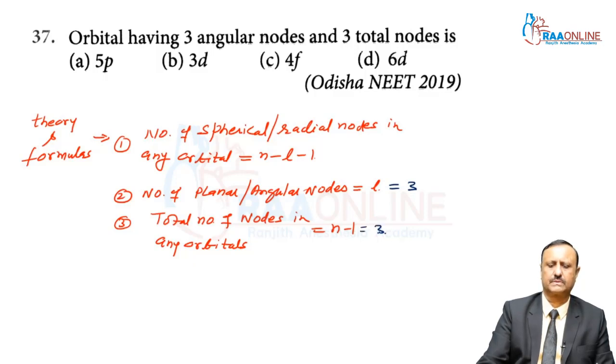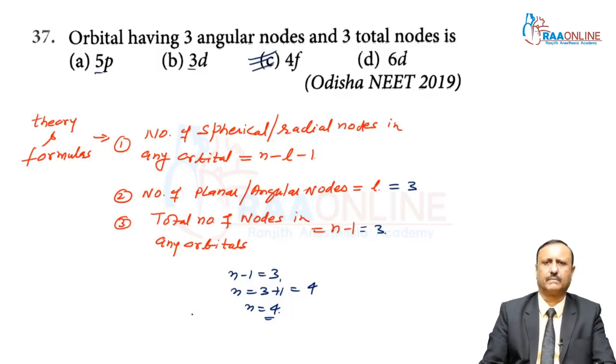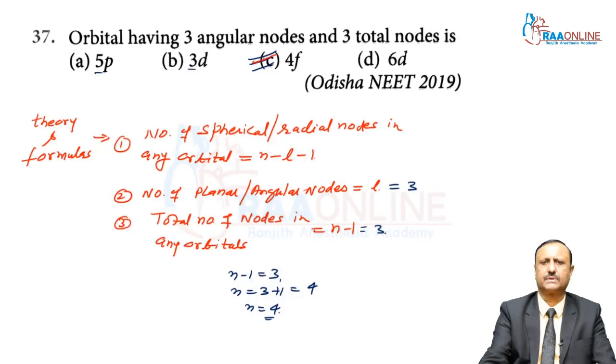So, my dear students, n minus 1 is equal to 3, then n is equal to 3 plus 1, that equals 4. So, n is equal to 4. So, your answer is C. Question number 37, you get the answer C, 4, because n is equal to 4.